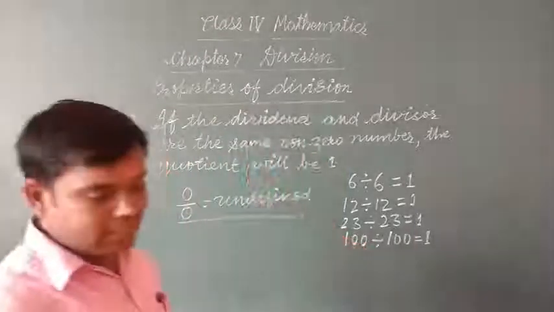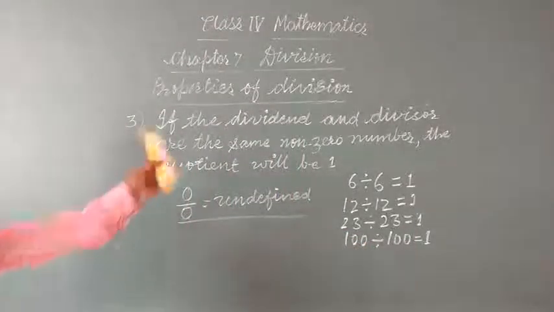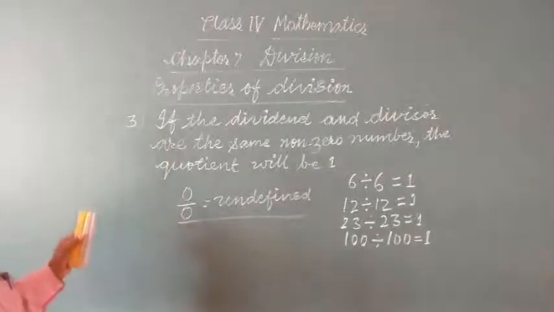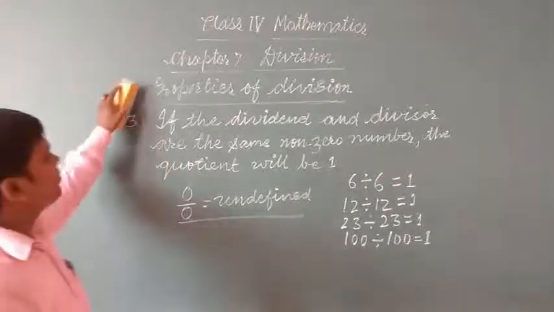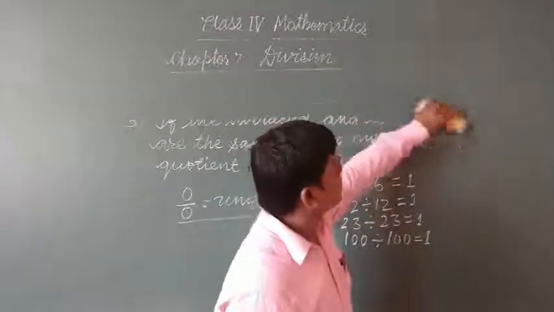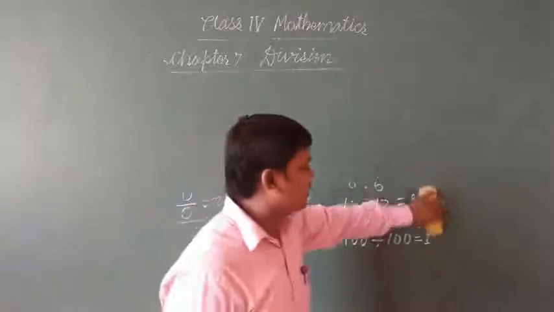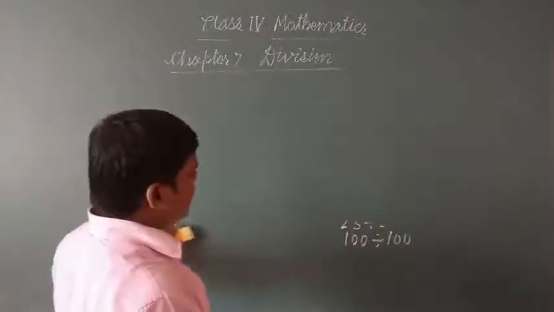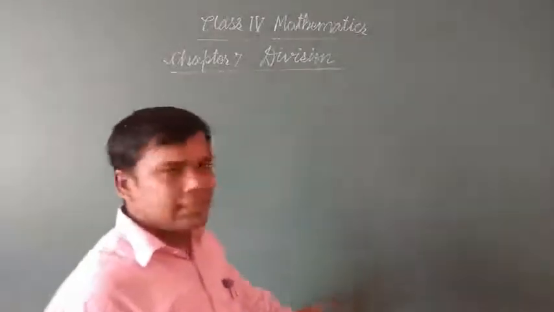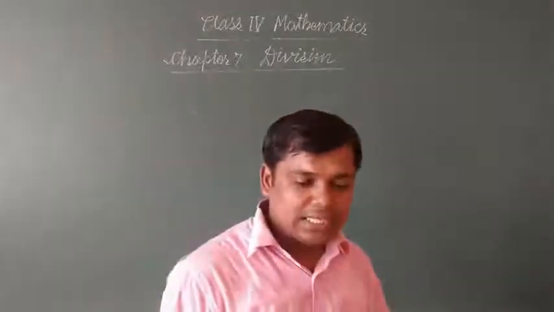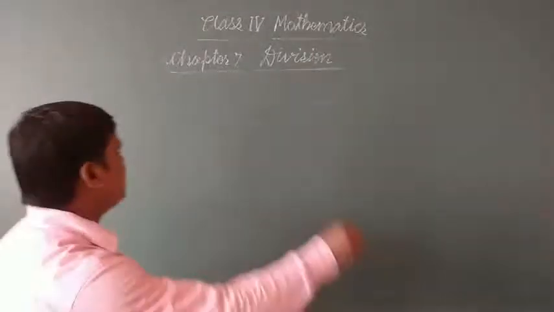Now the next topic is division by 10, 100 and 1000. When we divide a number by 10, 100 and 1000, we can directly write the quotient and remainder. Look at here.